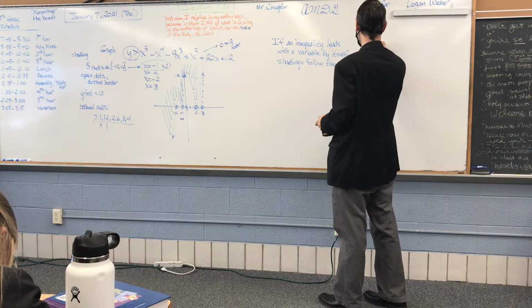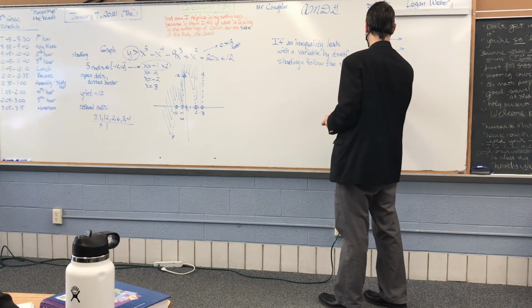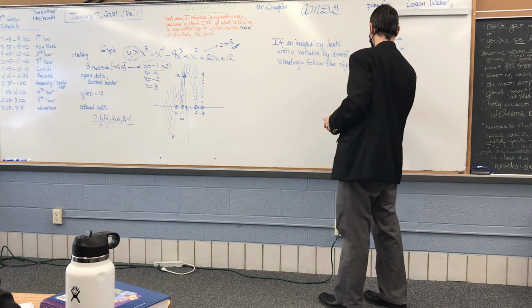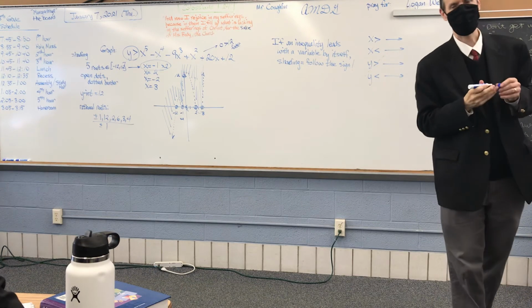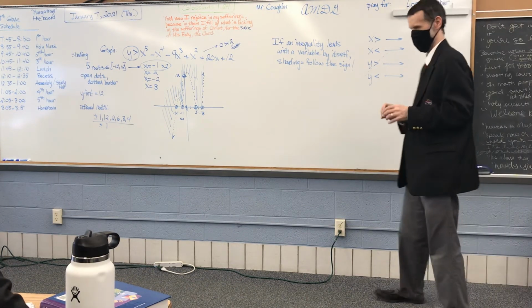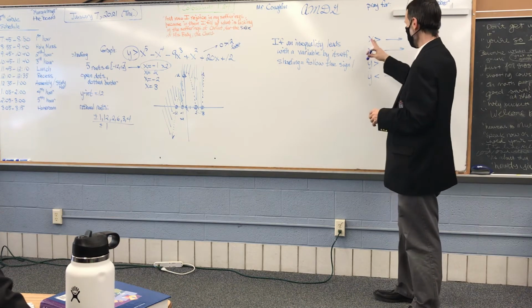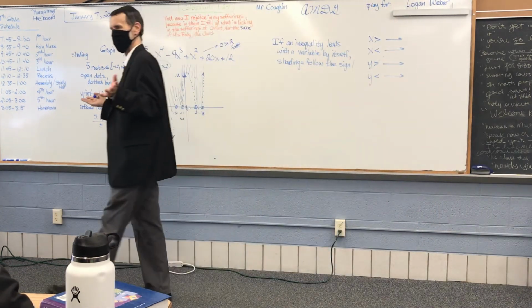x greater than means something. x is less than means something. y is greater than means something. And y is less than means something. Each of these four has a shortcut associated with it. And I bet you can tell me what they are. Does x go left, right, or up, down, first of all? The letter x.